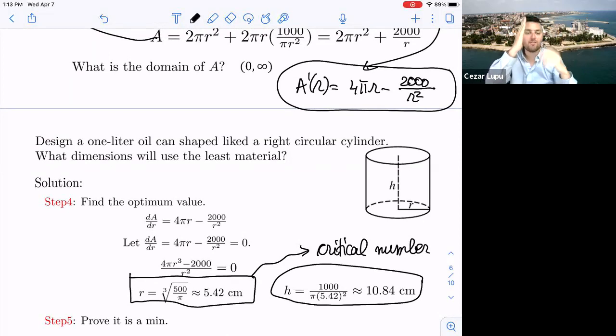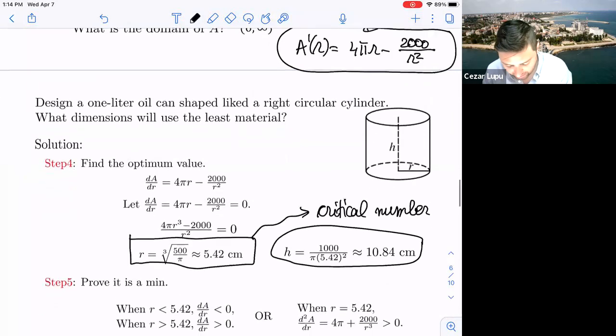If the derivative is negative, then the function is decreasing, so it goes down. And then we'll take values greater than that critical number. If the derivative is positive, then the function is increasing.